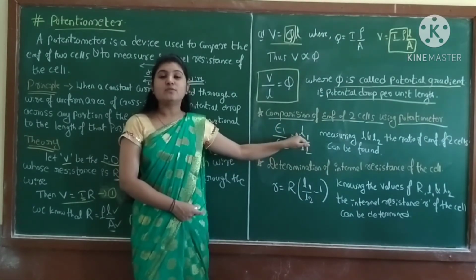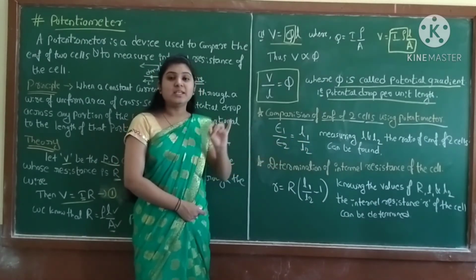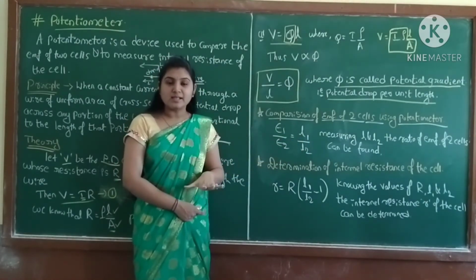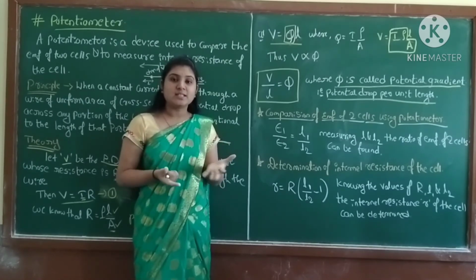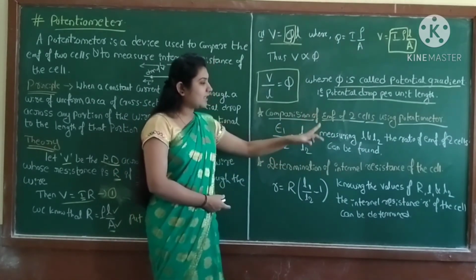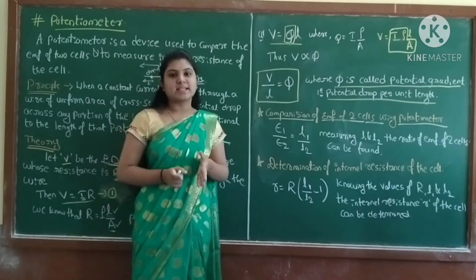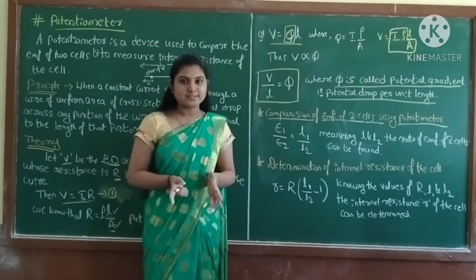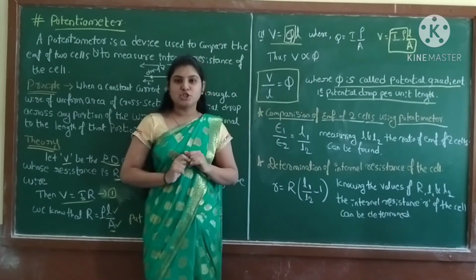L1. And E2 is the EMF of the second cell, having wire length L2. So, measuring L1 and L2, the ratio of the EMF of the two cells can be found. Understood? This is the first application of the potentiometer.